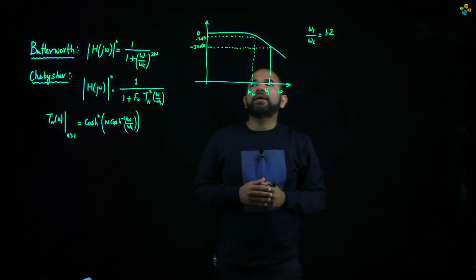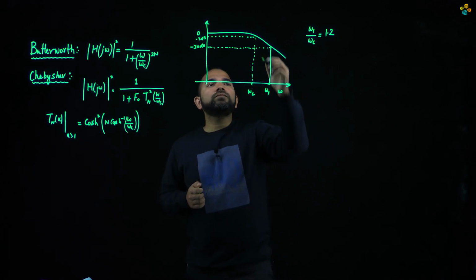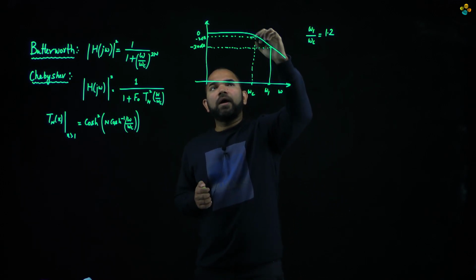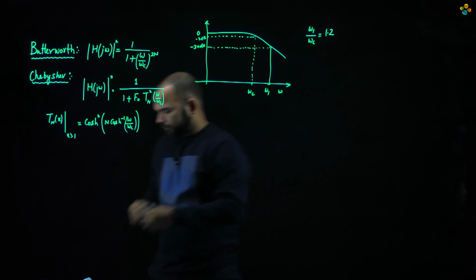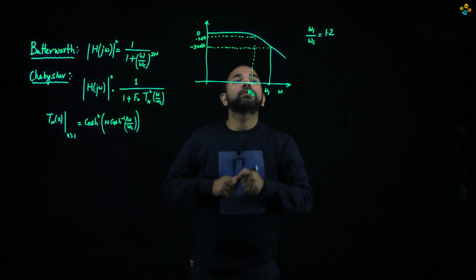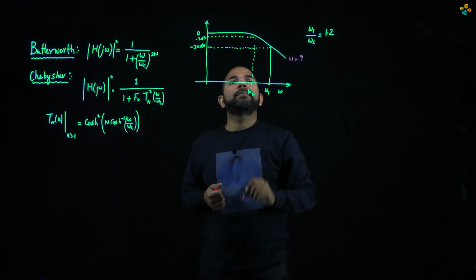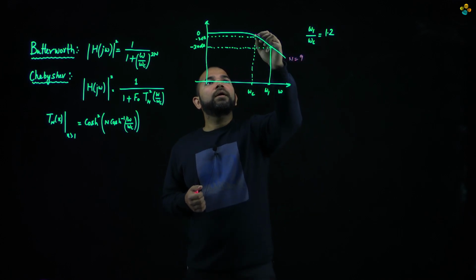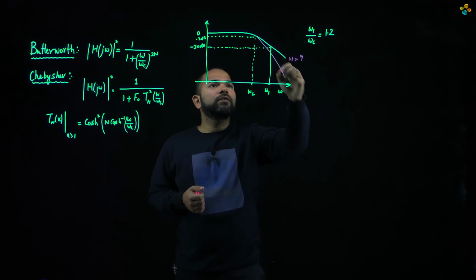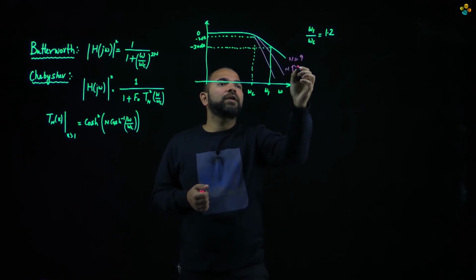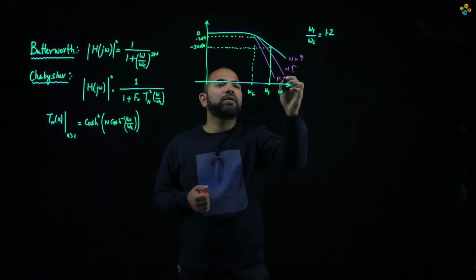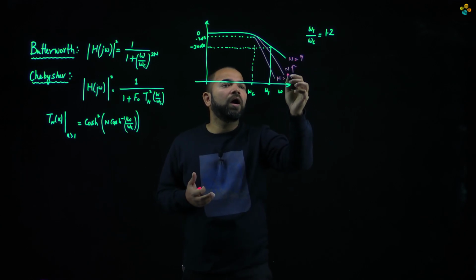So practically what I am saying here is, if we have a higher roll-off, say suppose this has a certain order, say 9, the order is going to increase from 9 to some higher value.